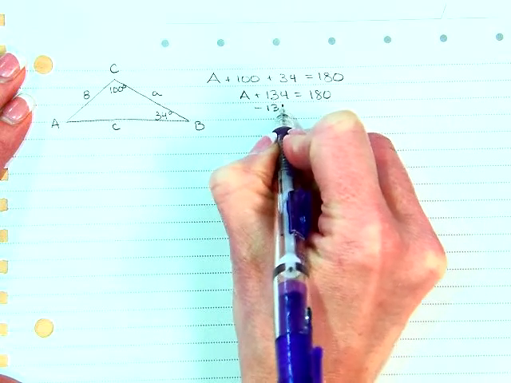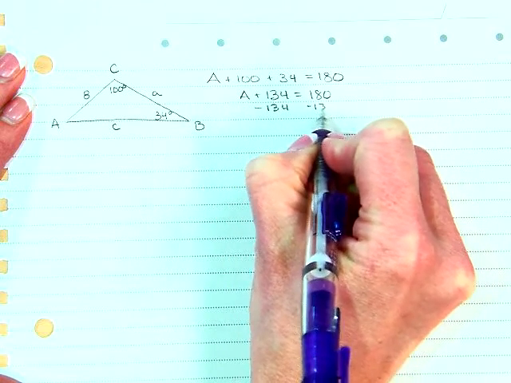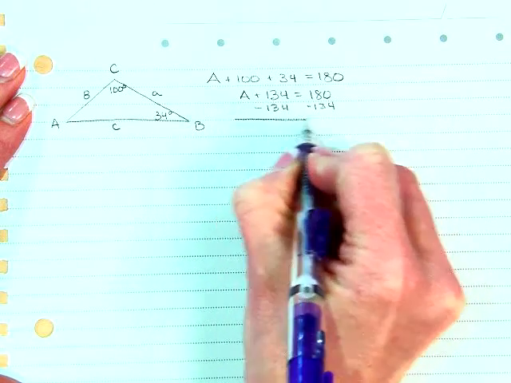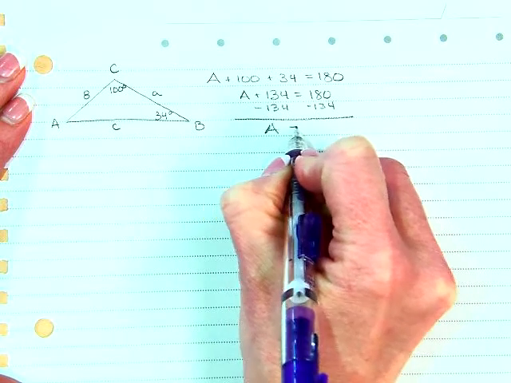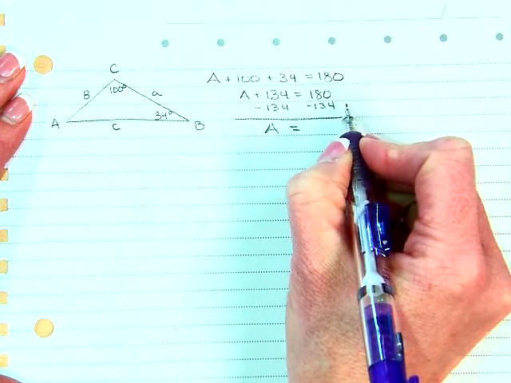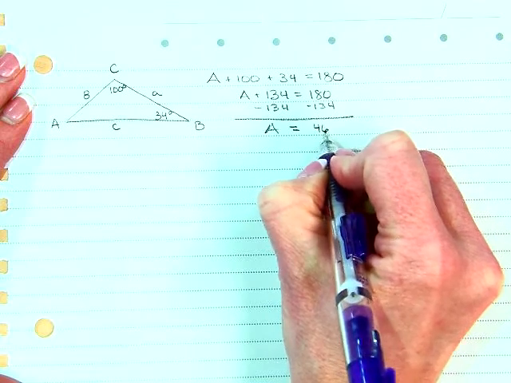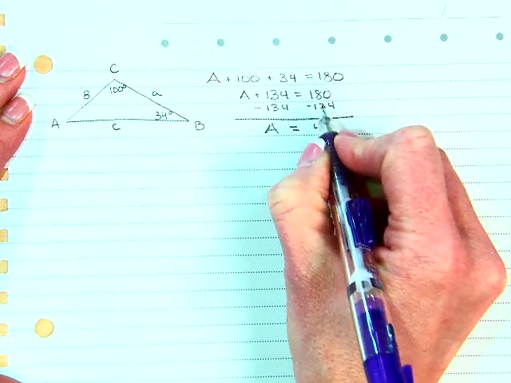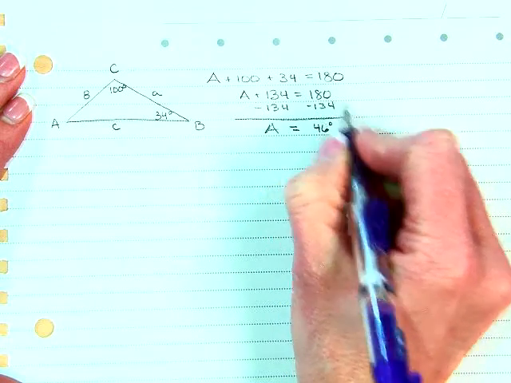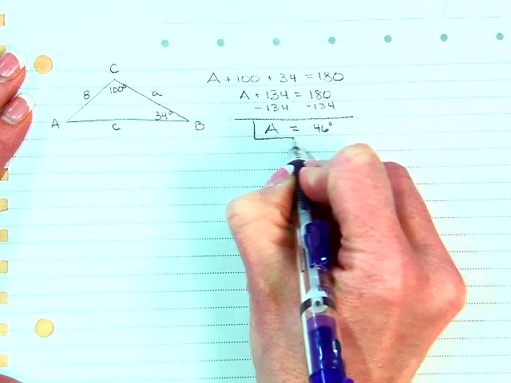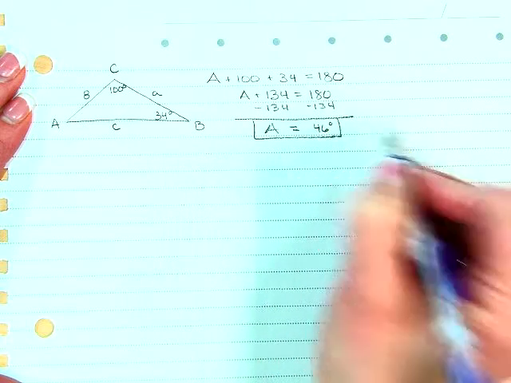Subtract 134 from 180, and we have that angle A is 46 degrees. I'm going to quickly add these two, 40, 50, 60, 70, 80, so 180, just checking my answer. So angle A is 46 degrees.